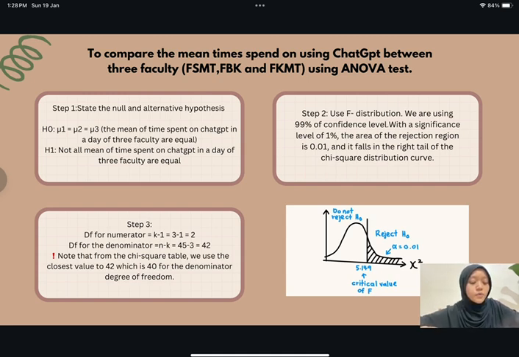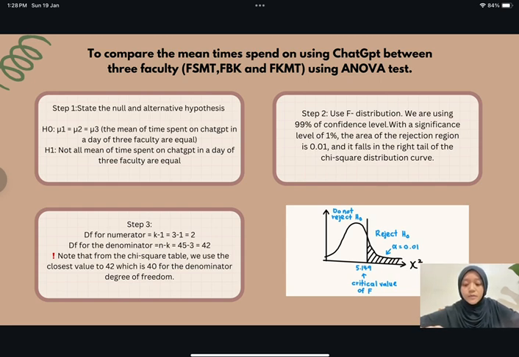Next, for step 2, we are using the F distribution. Given a 99% confidence level with a significance level of 1%, the area of the rejection region is 0.01 and it falls in the right tail of the distribution curve. For step 3, we find the degrees of freedom for the numerator, which is k minus 1 equals 3 minus 1 equals 2.